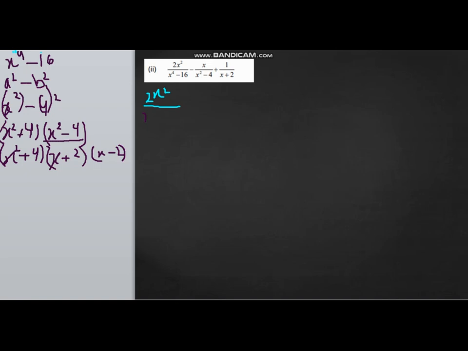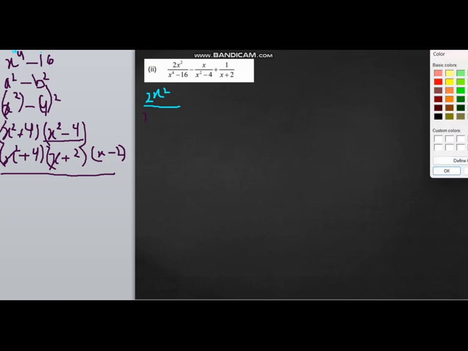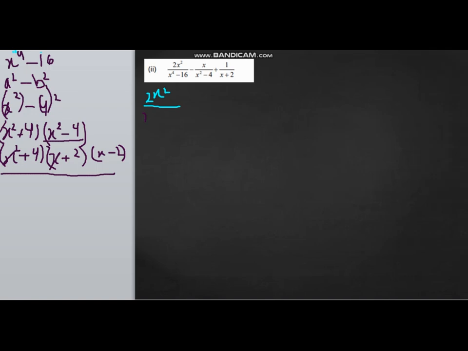So this is what we're going to write in the denominator. Let's just write it down real quick. I have to change the color. Okay, so x squared plus 4, then we have x plus 2, and bear with me, just one more thing to write in here, x minus 2.